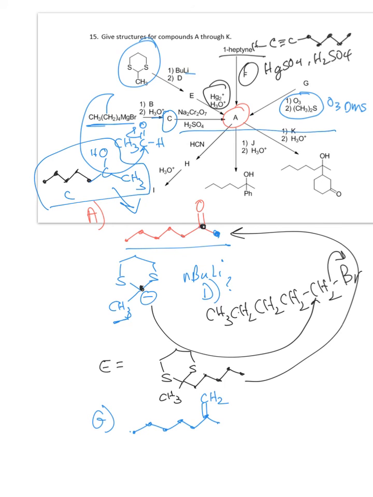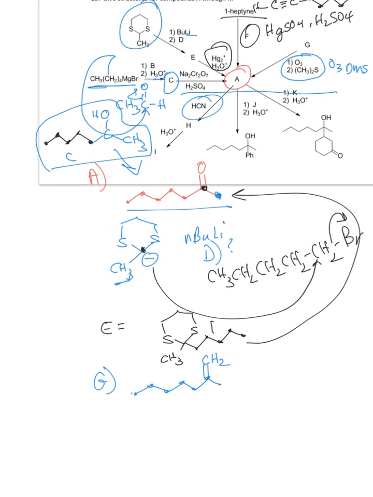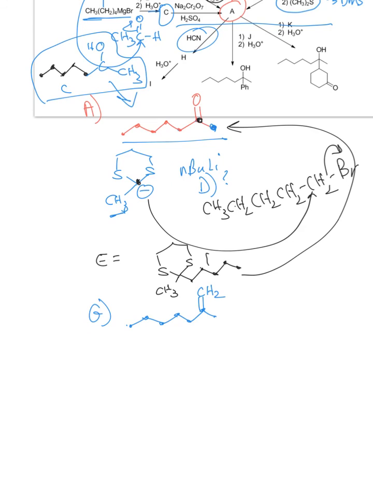Okay, so we have the aldehyde, and we're going to react it with HCN. So what does that look like? Well, you take A, 1, 2, 3, 4, 5, and you react it with HCN. So that's basically a cyanohydrin.